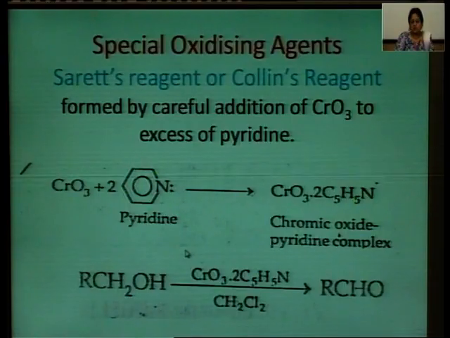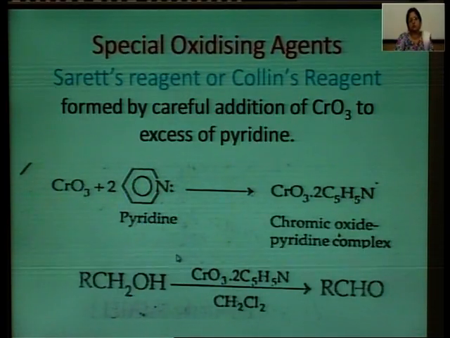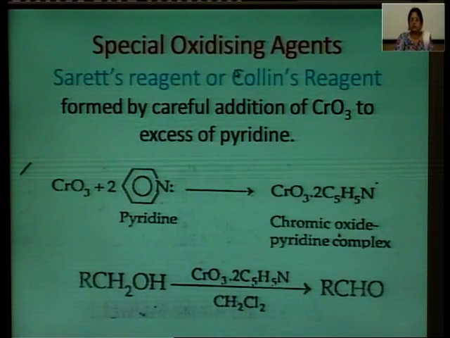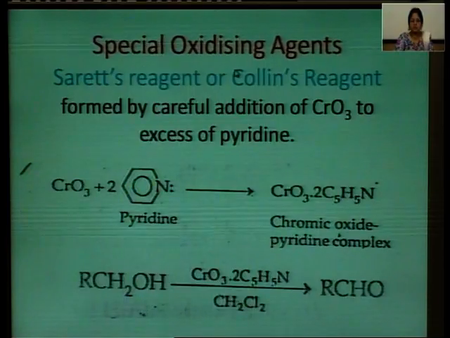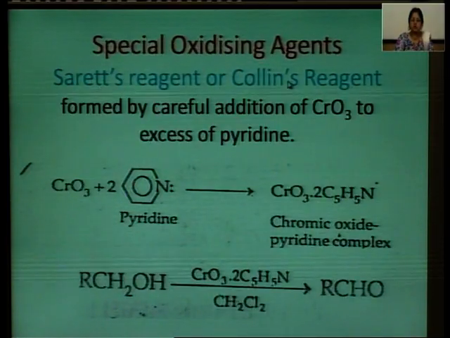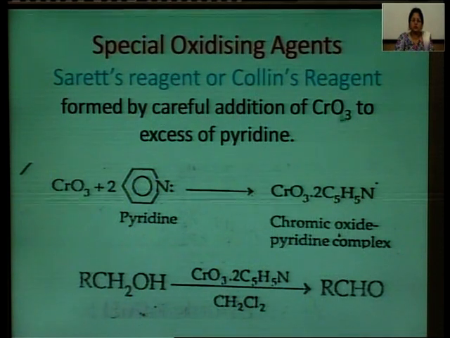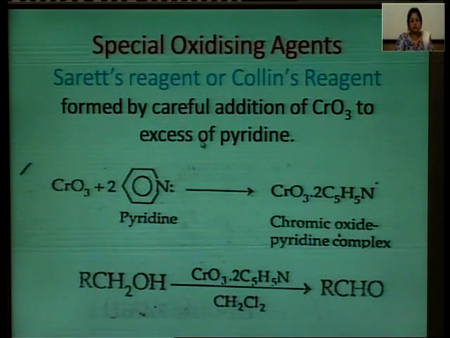Or to avoid the oxidation of aldehydes to carboxylic acids, we can also use certain special oxidizing agents. One example of such an oxidizing agent is Sarett's reagent or Collins reagent. This reagent is formed by careful addition of chromium trioxide to excess of pyridine.